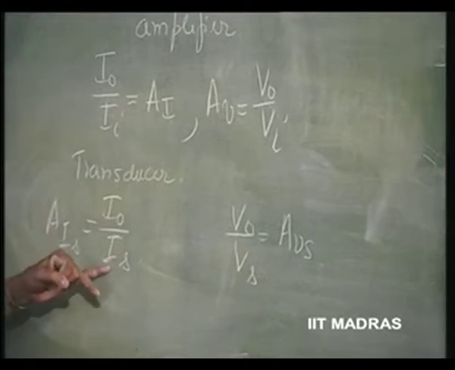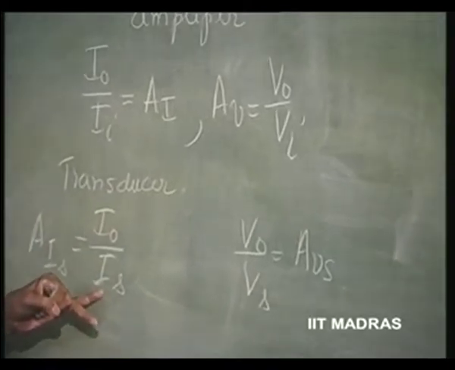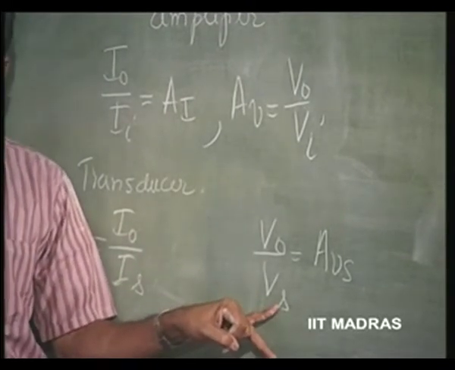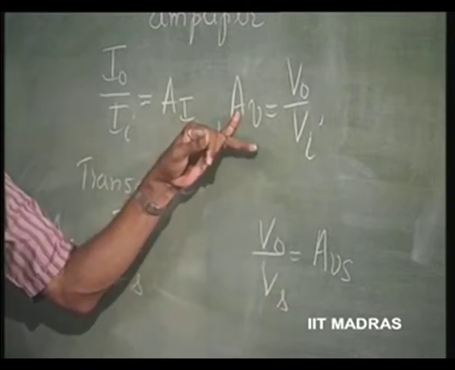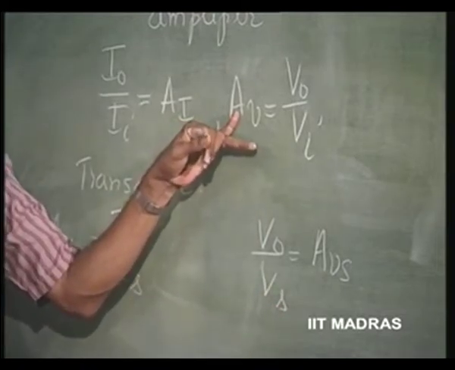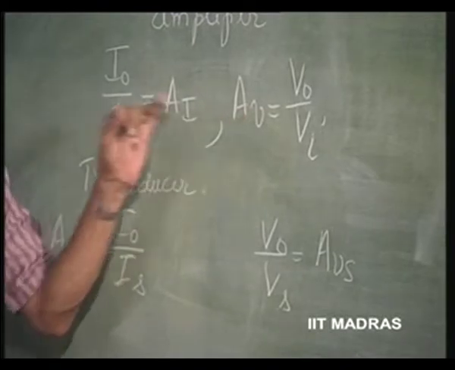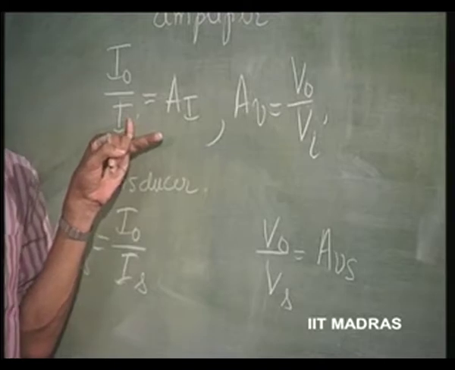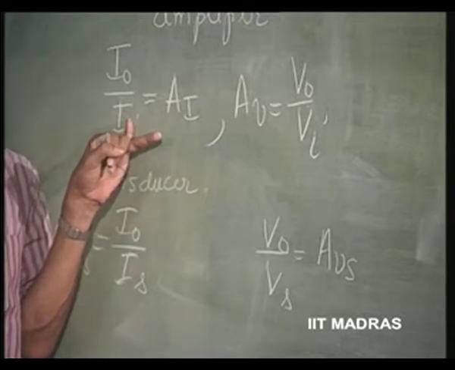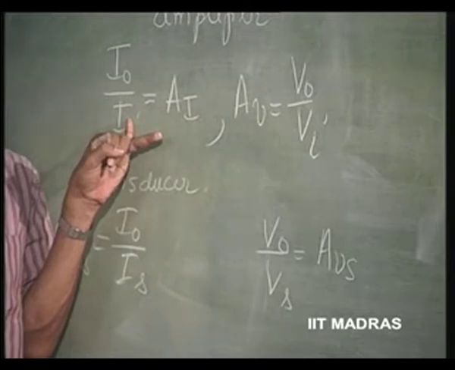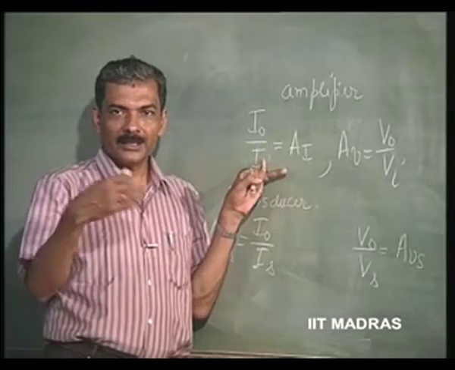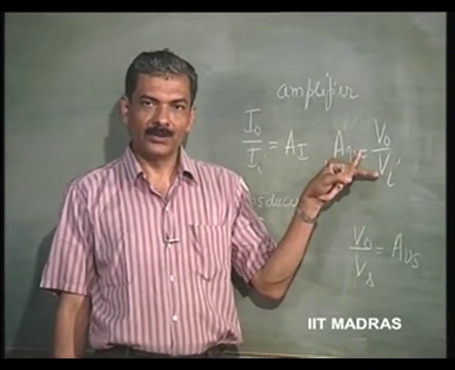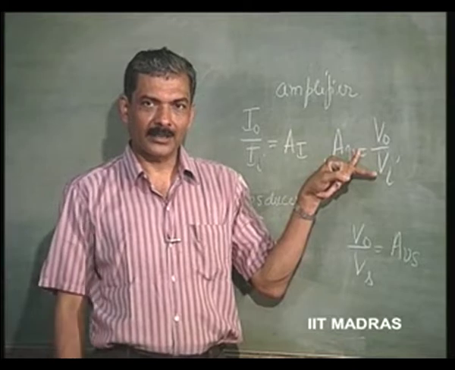This is the short circuit current for the transducer. This is the open circuit voltage for the transducer. Here we are ignoring the effect of the source impedances. In this case, the source impedance is so high that most of the current goes into the amplifier. In this case, the source impedance is so low that most of the voltage comes across the input.